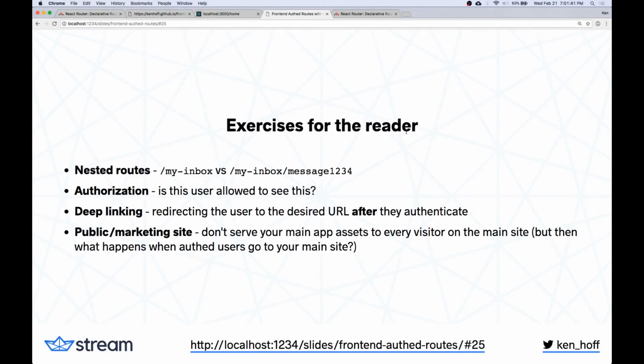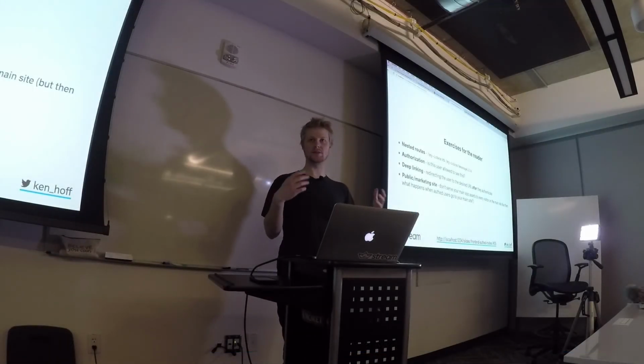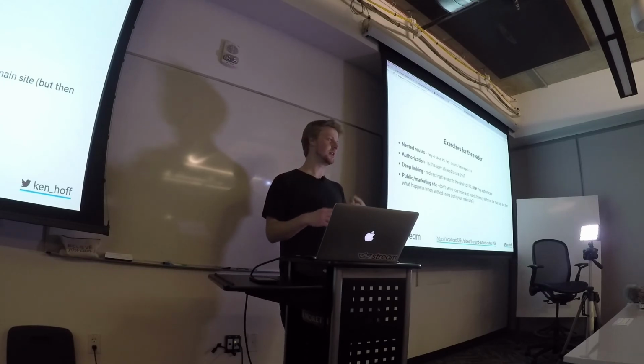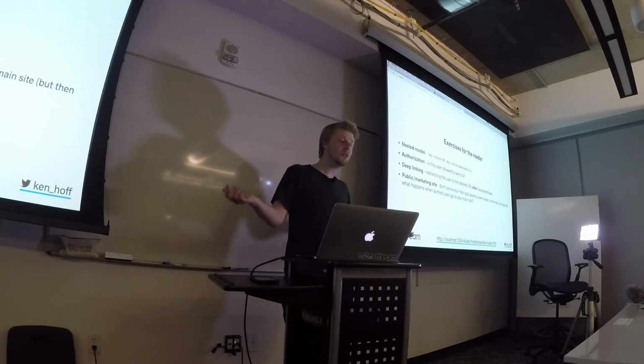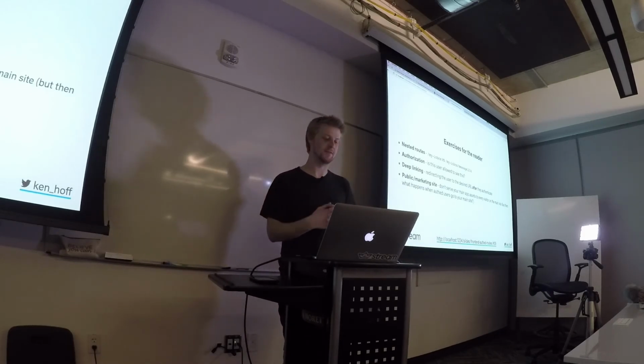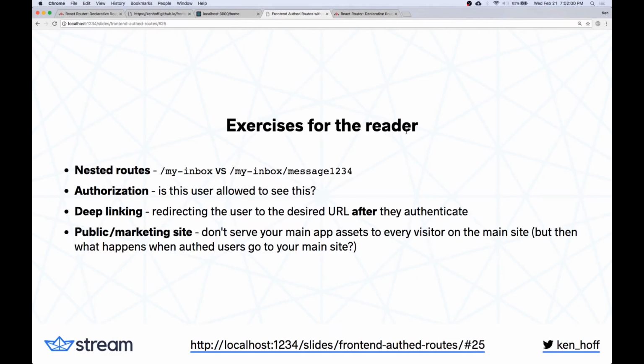Is the user actually allowed to see invoice 1234 or something like that? You could do this at the component level, basically just check and see, hey, are they allowed to do that? And chances are your API should be enforcing this no matter what. But this might be something that could be done at the route level. I'm not totally sure. That might be a fun little project. This method that I've described to you here does not account for deep linking.